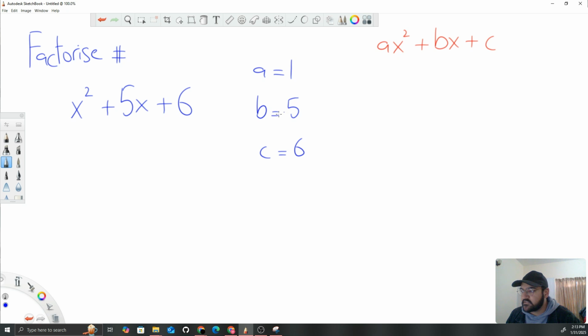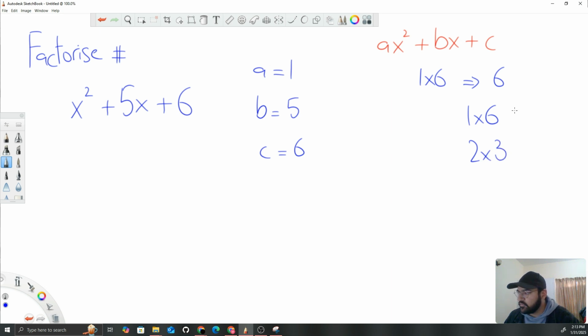So a times c is 1 times 6, which is equal to 6. Now, we have to find the factors of 6. The factors of 6 are 1 times 6, 2 times 3, and I think that's it.